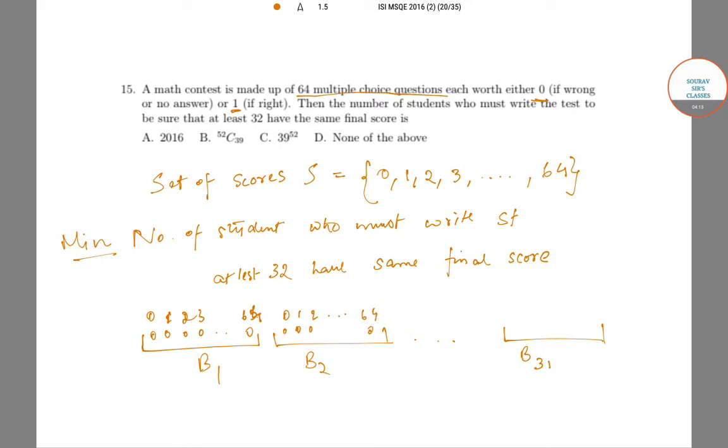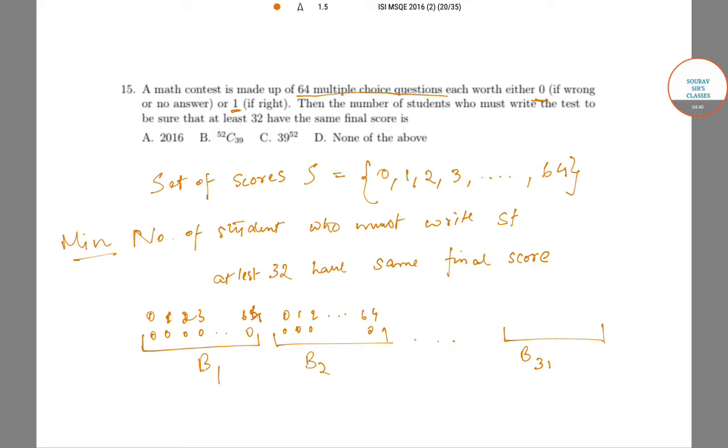Suppose each box has 65 students getting 0, 1, 2, 3 up to 64 one by one. Now there are 31 boxes in total, so there are 31 students getting 0, 31 students getting 1, 31 students getting 2. Each of the marks in the set S is attained by exactly 31 students.